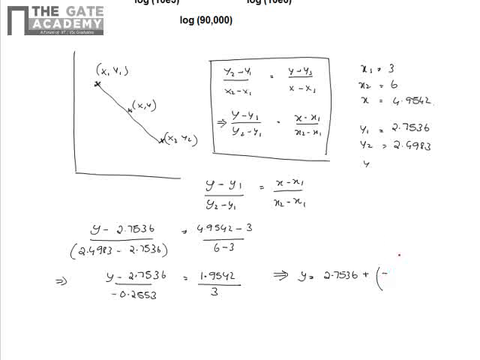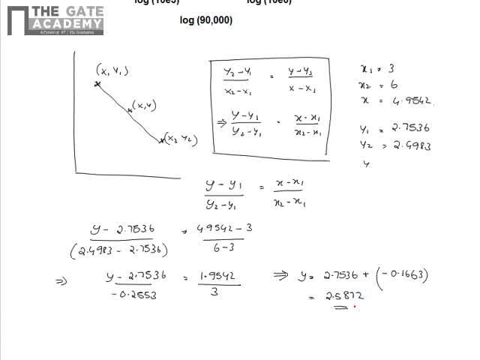Minus 0.1663, that is nothing but plus 2.7536. This is nothing but 2.5872. So how do we check whether this is okay or not?